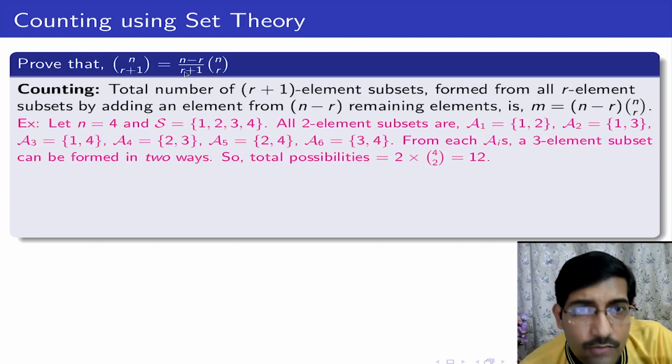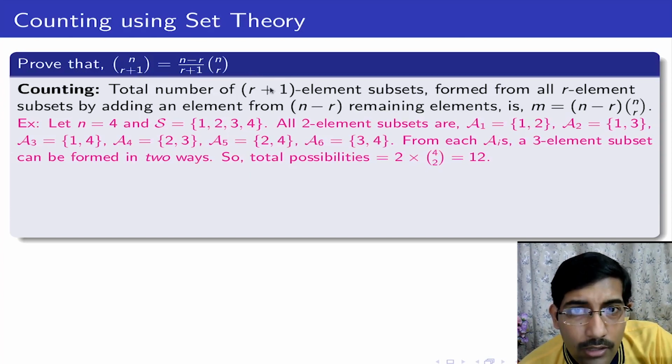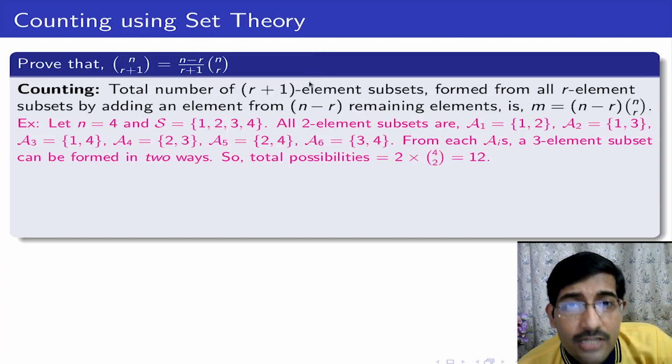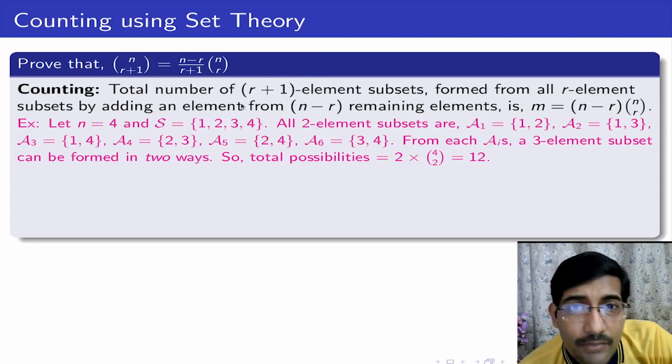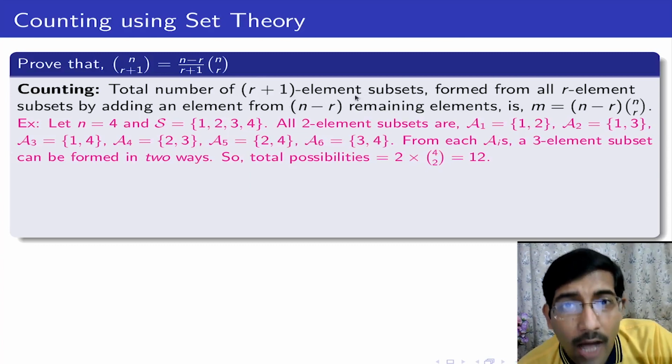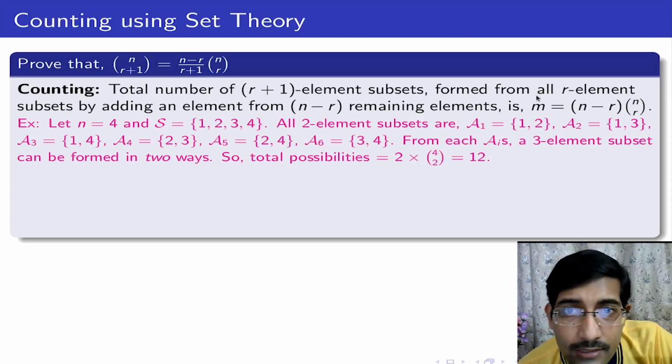Now, when we compute n choose r plus 1, each of those r element subsets must be supplied with one additional element, and then that subset will form an r plus 1 element subset. So how many ways can we form an r plus 1 element subset from an r element subset? Just by adding one element from the remaining n minus r.